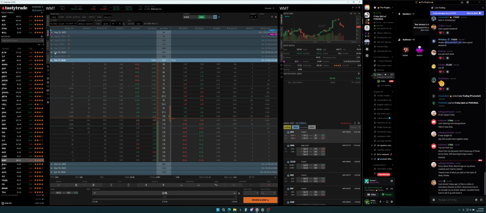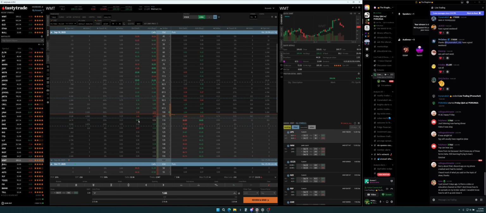So a diagonal, if I want to do a $5 wide diagonal here, costs me $1.66. Very low debit to pay, low risk up front for a potentially $334 gain.